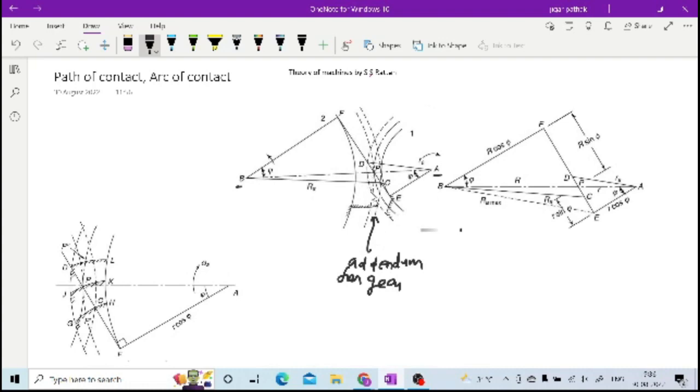And here at this particular point of contact, if you draw another circle for this gear, then it is towards the dedendum, right? This is the dedendum for the gear, and this is nothing but the clearance.